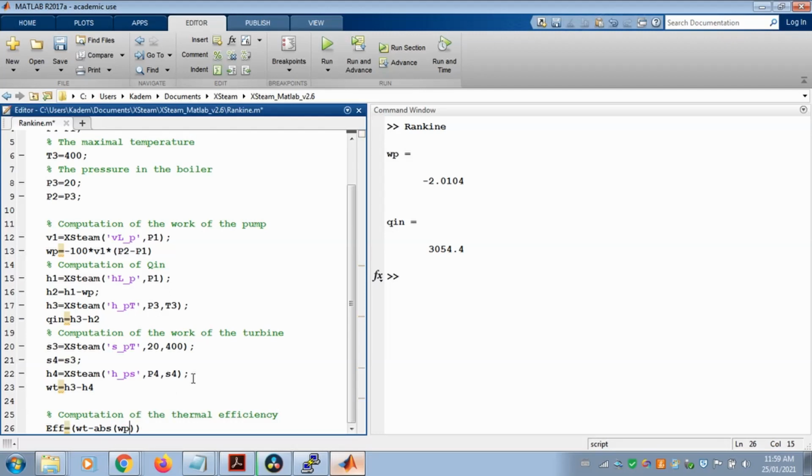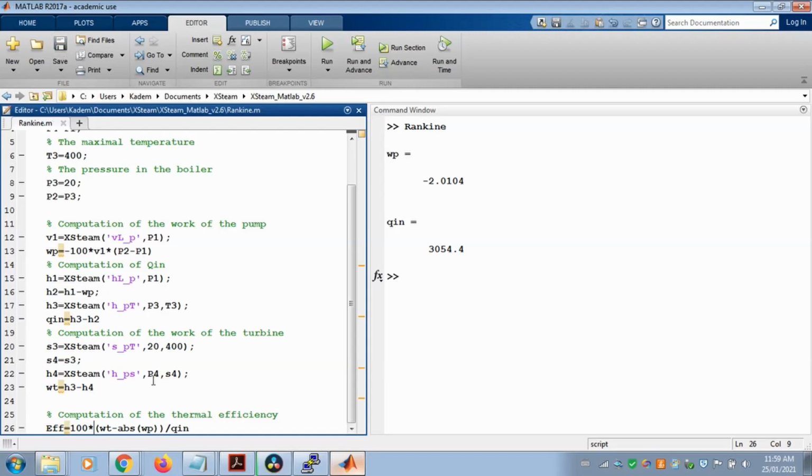Or I can put just plus, okay, if I want. So the work of this divided by Qn, our Qn, okay? And just to get this kind of a percentage, I will multiply by 100.